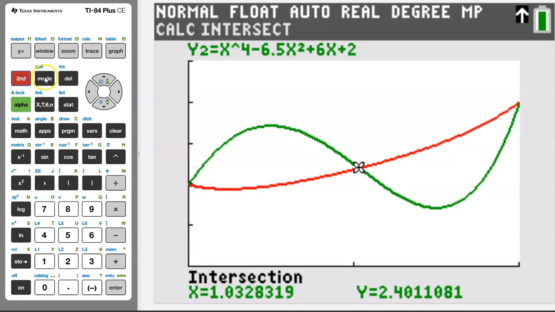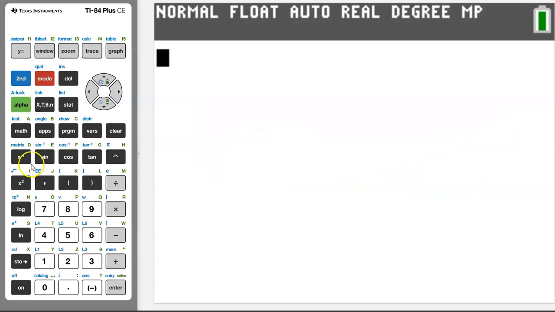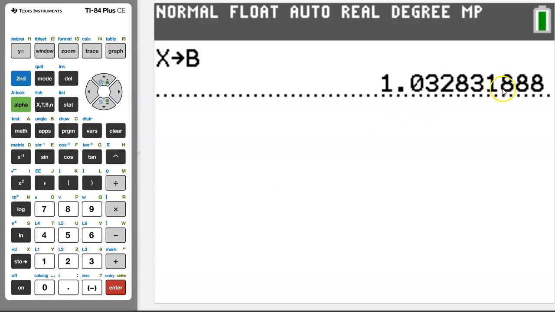So I'm going to hit second quit, and I'm going to type the x for the x value, and then store, because I want to store this x value into something, and I want the letter B, so I'm going to do alpha B. So I'm storing the x value in letter B and hit enter, and here it is. Now all of these decimals are stored into letter B. So when I integrate later, rather than typing in all of these numbers, I can just type the letter B. So that'll be much easier.